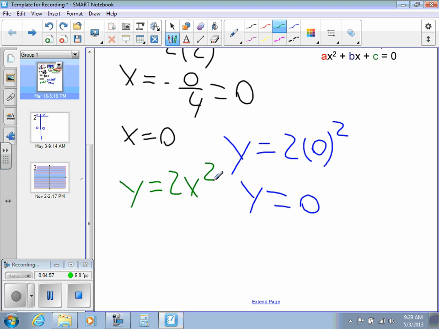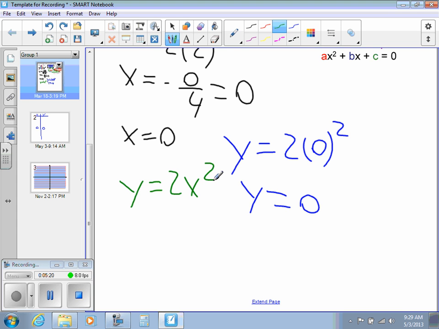In this case, we've already done that because when x equals 0, which is how we find the y-intercept, y equals 0. When y equals 0, which is how we find the x-intercept, x equals 0. So my x and y-intercepts both fall at (0, 0).